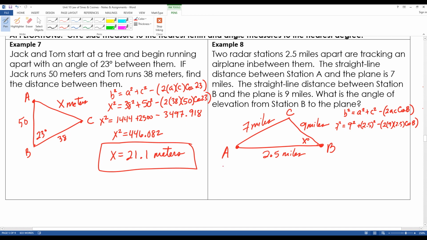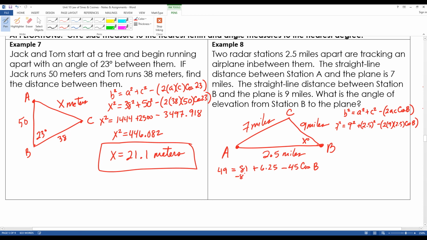So we have 49 equals 81 plus 2.5 squared, 6.25, minus 2 times 9 times 2.5. So 2 times 9 is 18 times 2.5, that's 45 times the cosine of B. Okay, let's see.